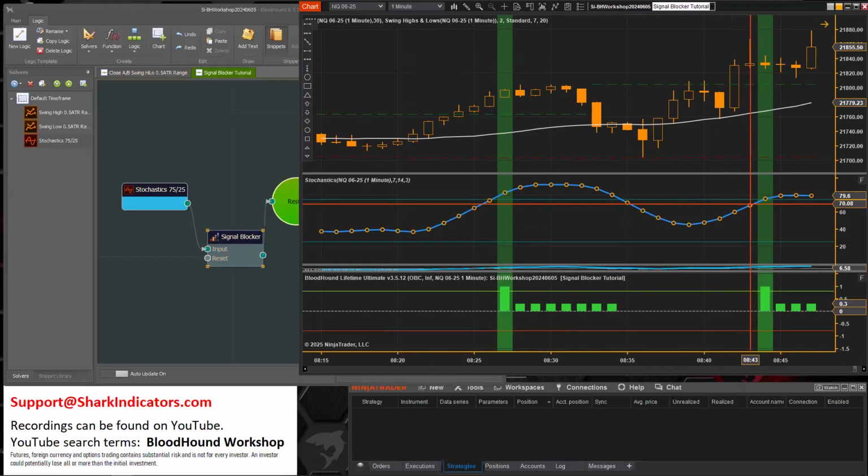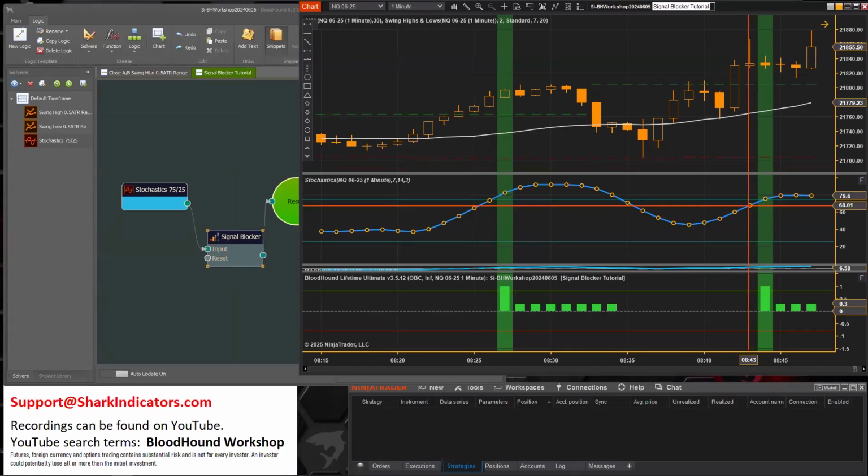It's possible that as this bar was building, the stochastics could have gone up into the overbought level. So this bar could have actually generated a buy signal when price got way up here to the top.